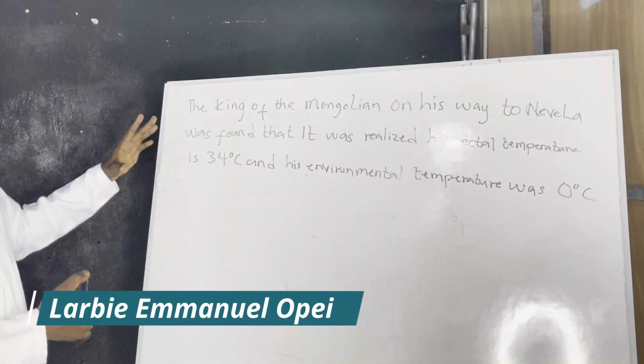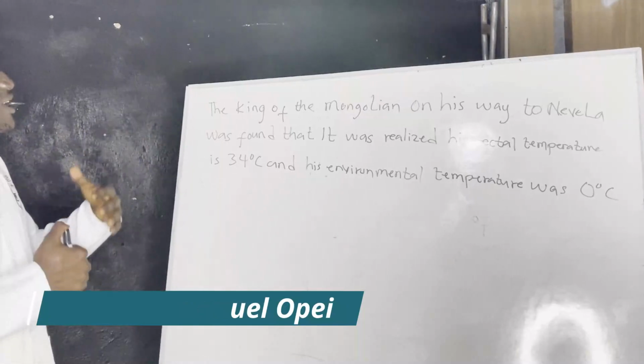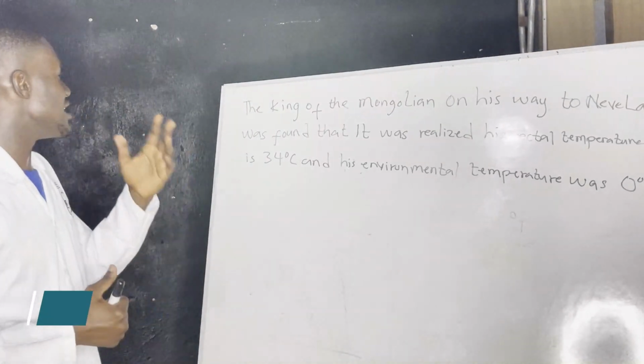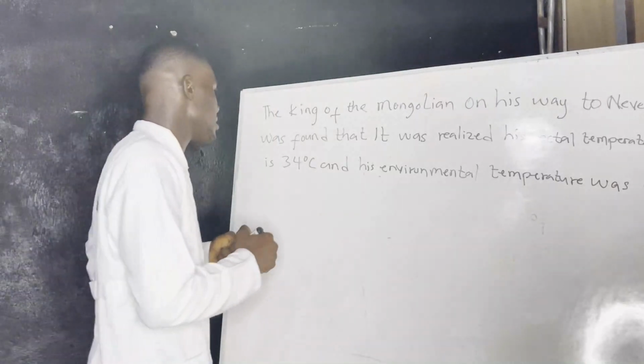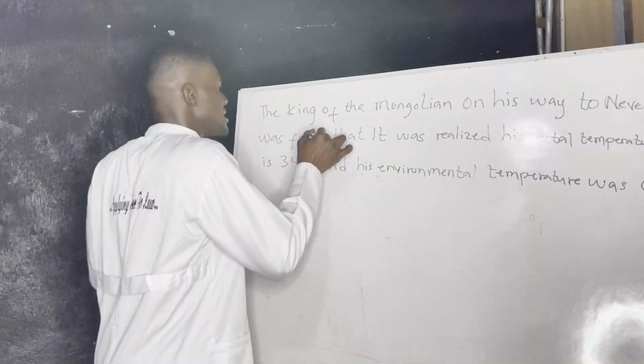So in this particular case, the king of the Mongolians on his way to Nevela was found dead.